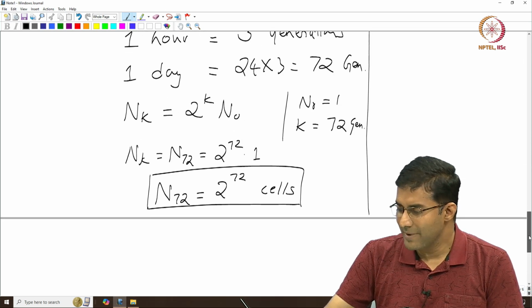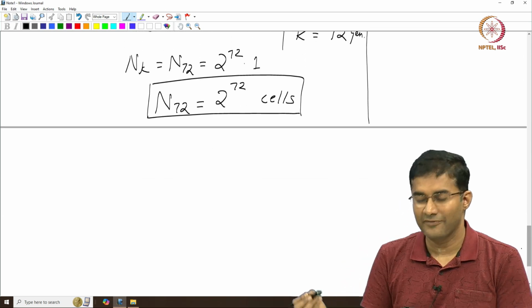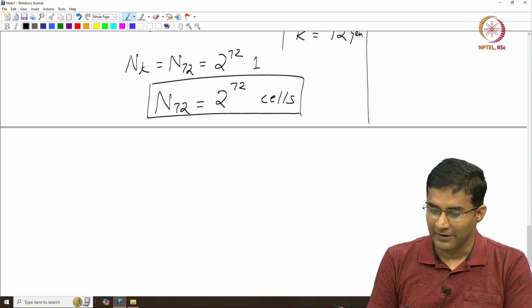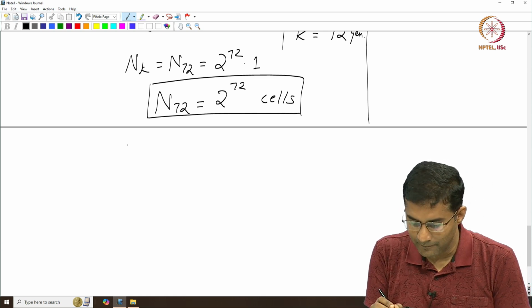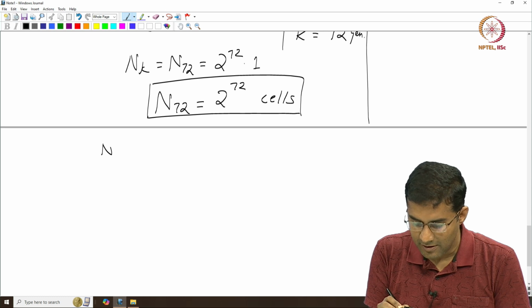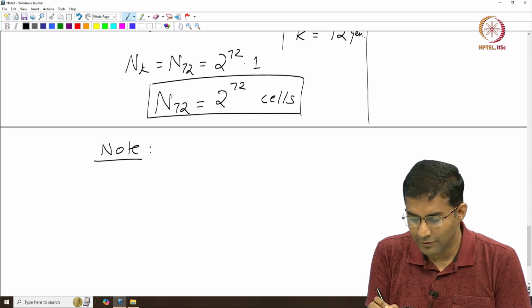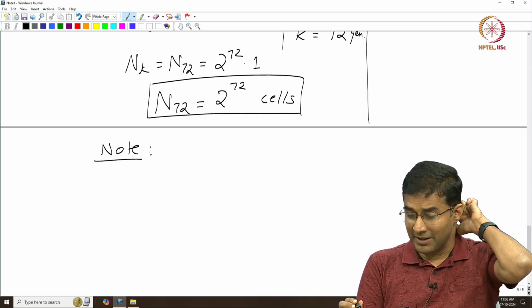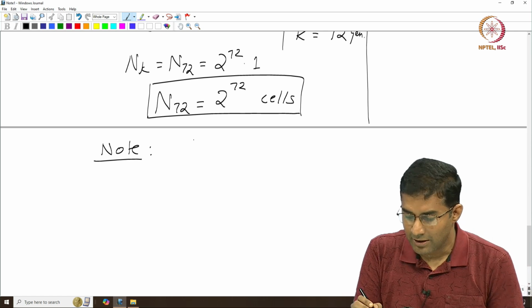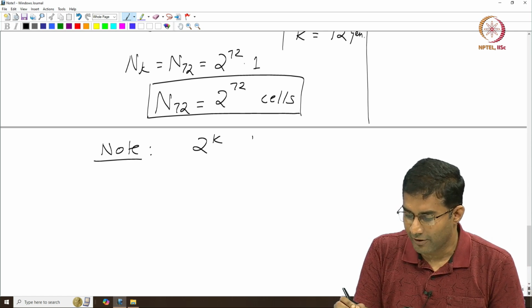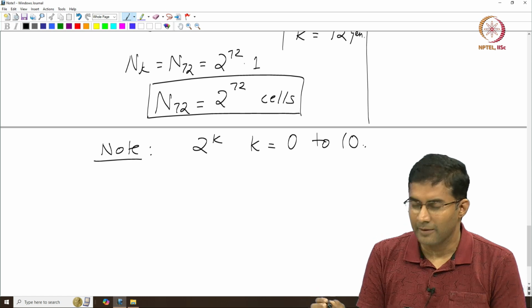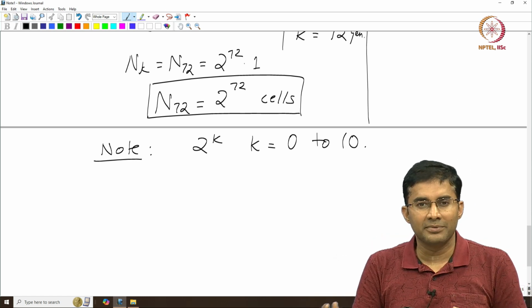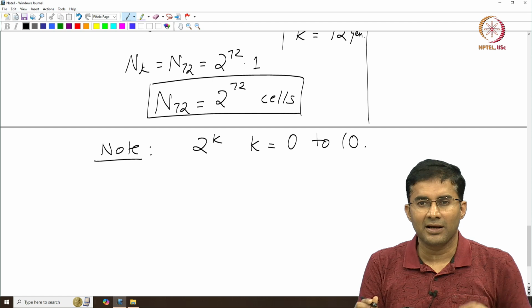Now let us try to make some sense of this number 2 power 72. How big is this number? To do that, a useful thing for all the students to know is what is 2 power k for k equal to 0 to 10. Please make a table and write down these numbers. This is something you must be quite comfortable with.